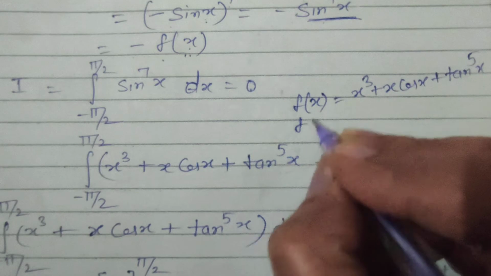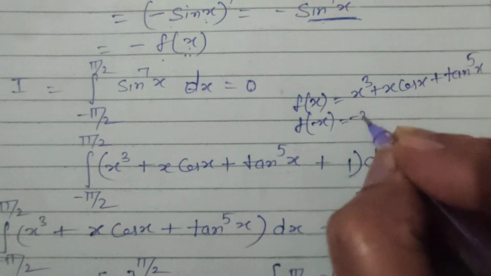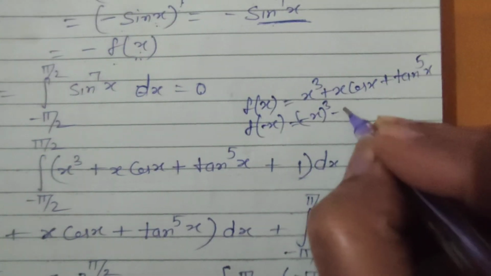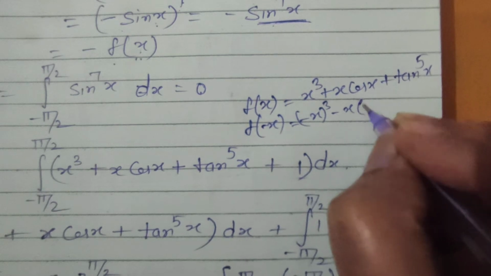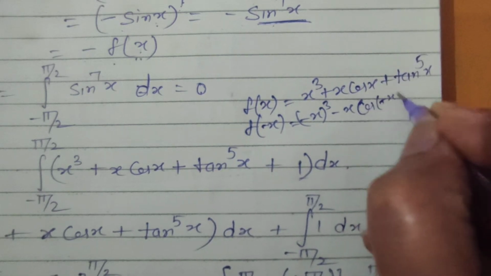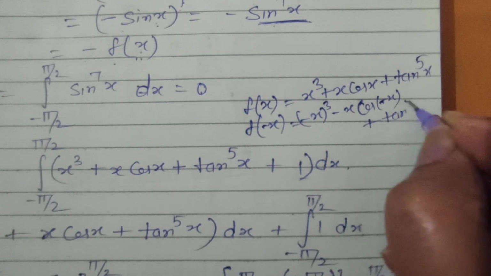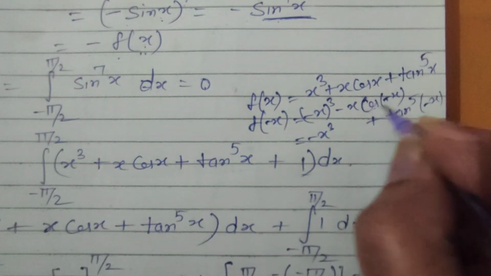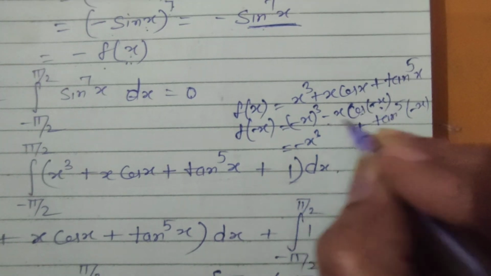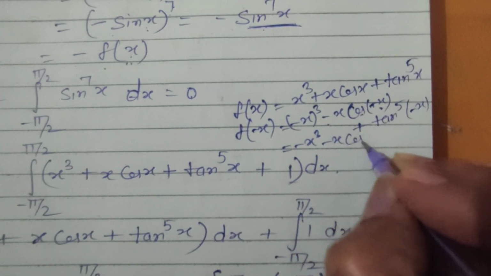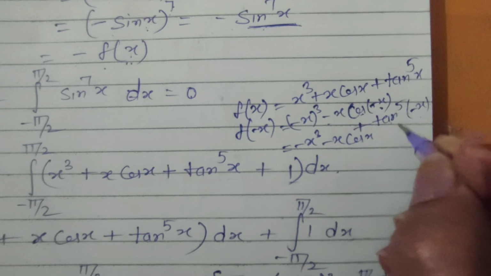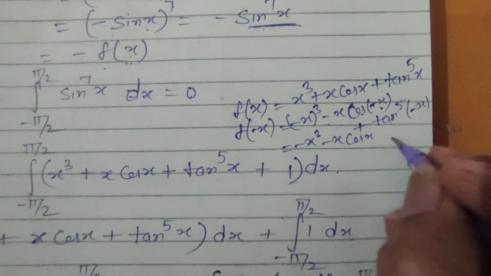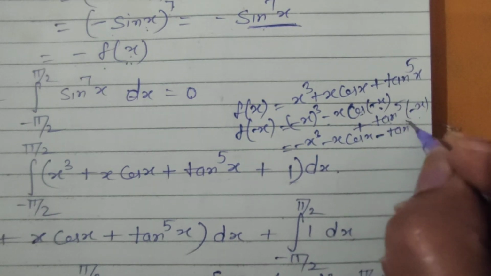If we take f of minus x, it will be minus x cube minus x cos of minus x plus tangent raised to power 5 of minus x. So it will be minus x cube, cos of minus theta is cos theta, so it is minus x cos x, and tangent minus x is minus tangent x whole power 5, it is also negative.